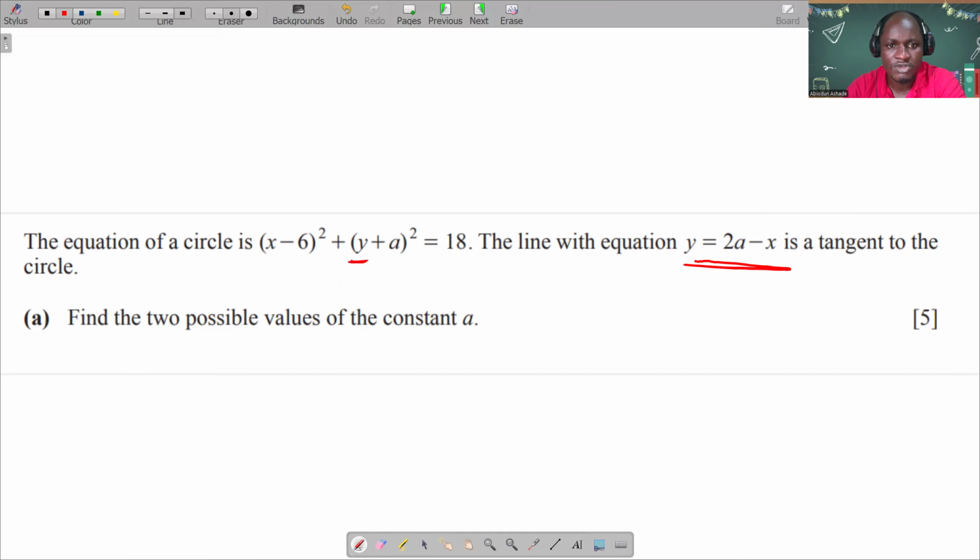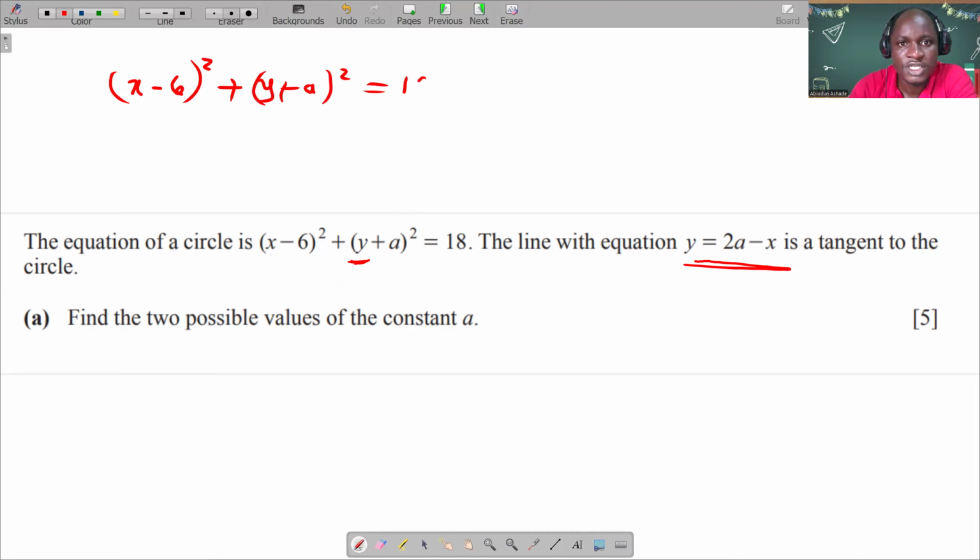Our equation of circle then becomes in terms of x and a, so we can use our discriminant to solve for the value of a. We have (x minus 6) all squared plus (y plus a) all squared equals 18. Now we substitute the y of the tangent into the circle.